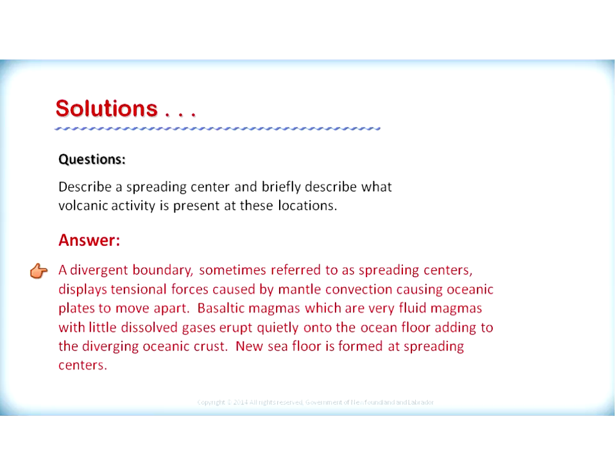Basaltic magmas, which are very fluid magmas with little dissolved gases, erupt quietly onto the ocean floor, adding to the diverging oceanic plates. New sea floor is formed at spreading centers. So the second sentence would describe the volcanic activity that occurs at a spreading center. So that would include the 2 points that are asked in the question.